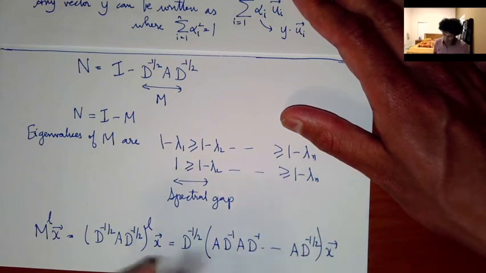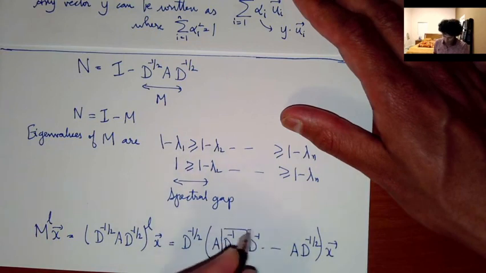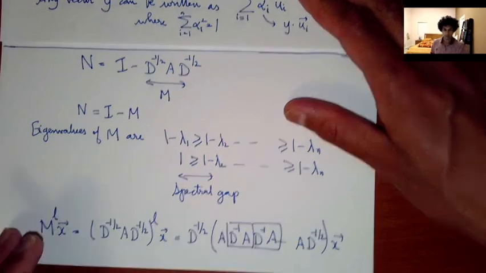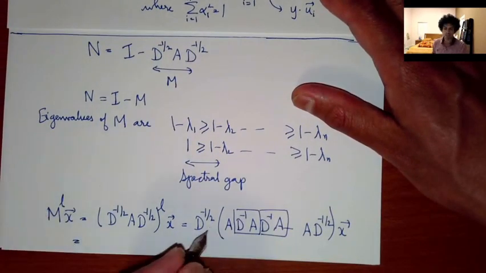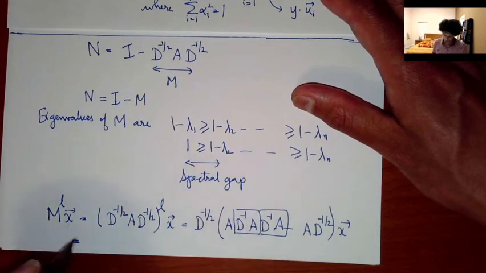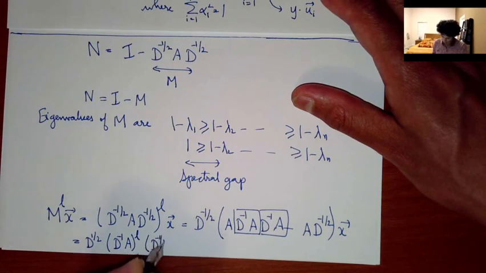So ignoring just the beginning and the front, you see that you start getting D inverse A, D inverse A. So you can write this as D to the half, D inverse A to the power L times D inverse x.